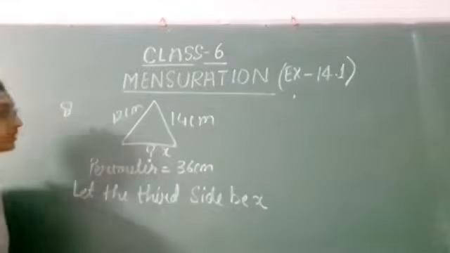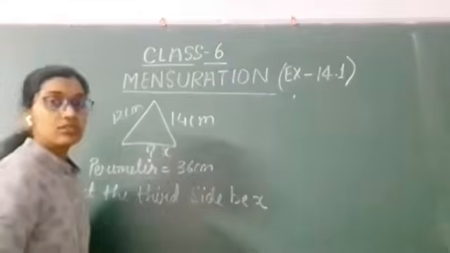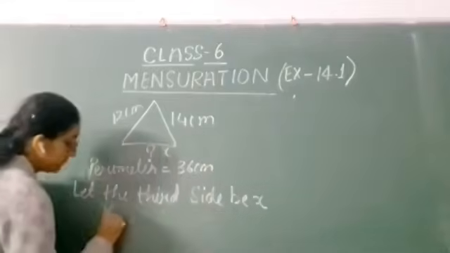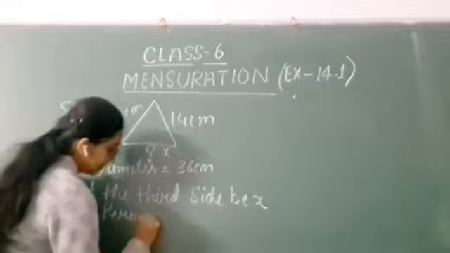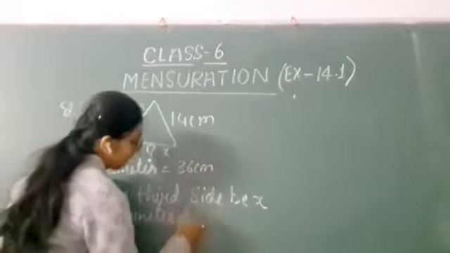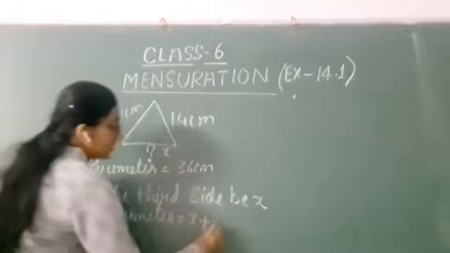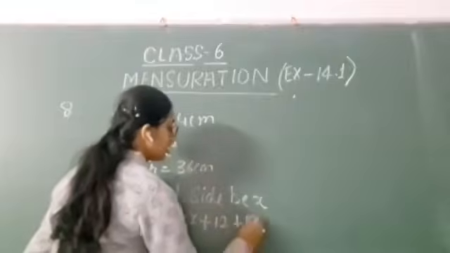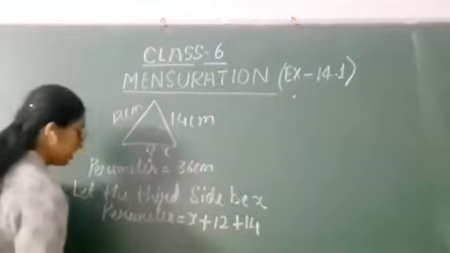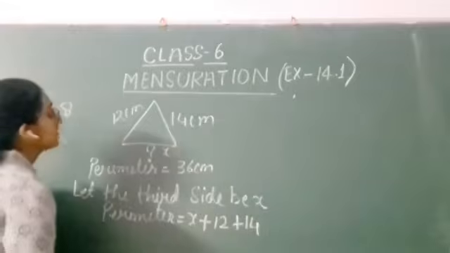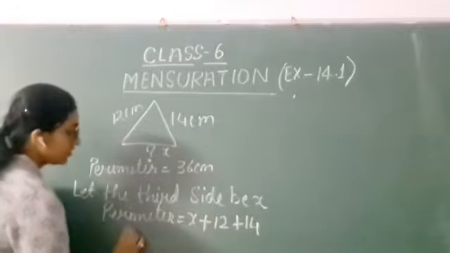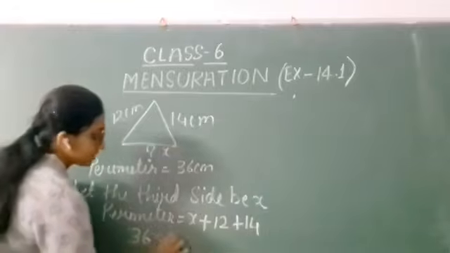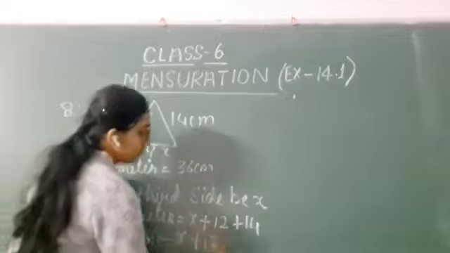So perimeter, we have to add all the sides. So perimeter is equal to x plus 12 plus 14. Perimeter is also given. So in place of perimeter we can write it as 36 is equal to x plus 12 plus 14.